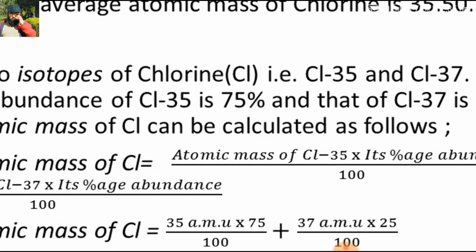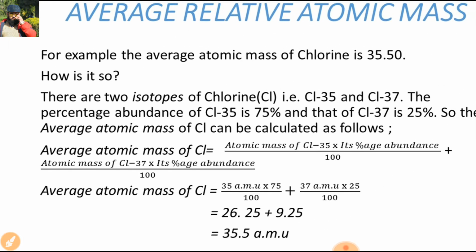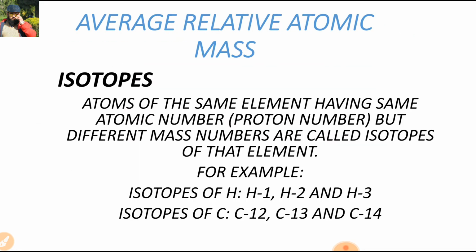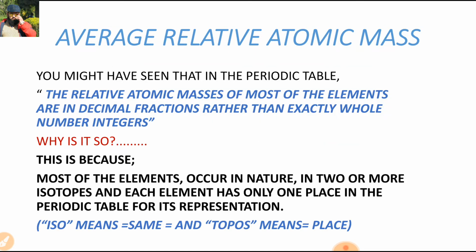Now we are in a position to have a look at the definition of the relative atomic mass, or discuss the details of relative atomic mass. So let us have a look at the definition of average relative atomic mass.